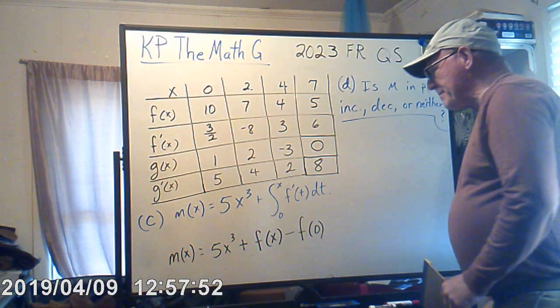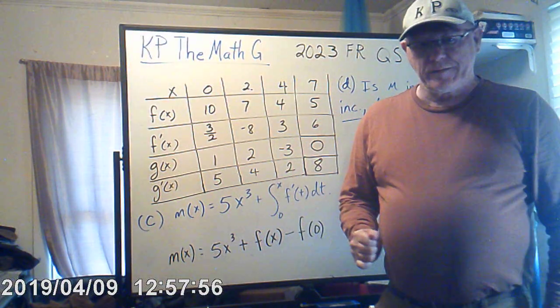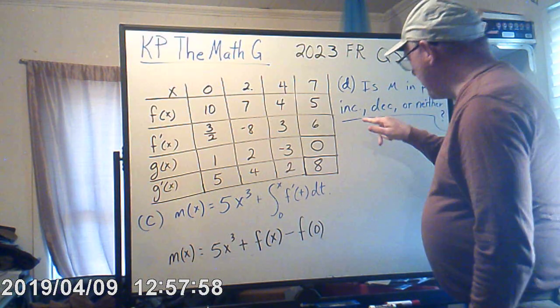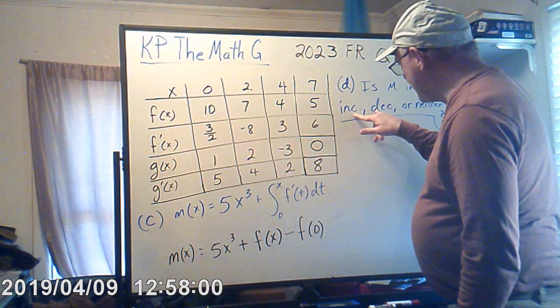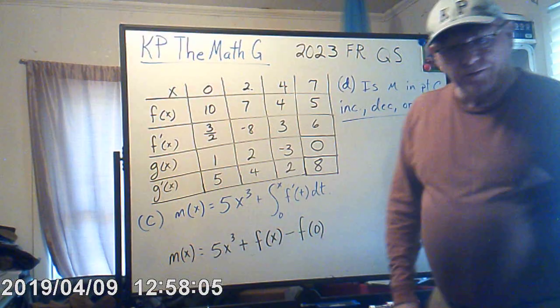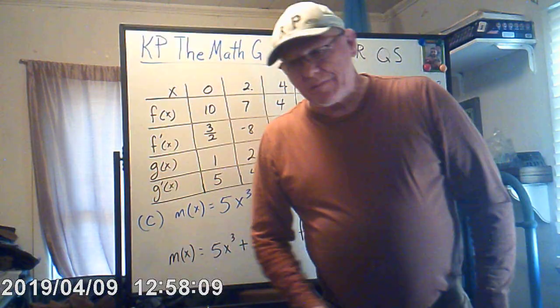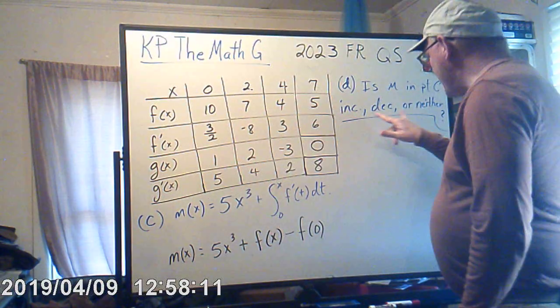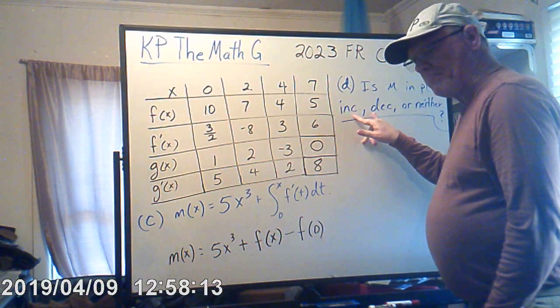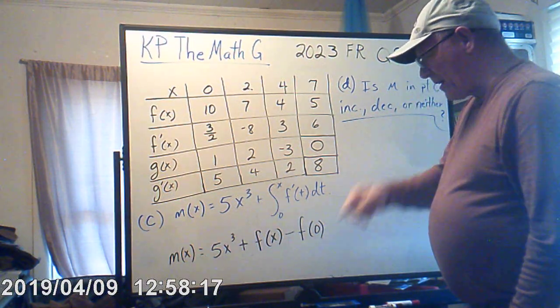Increasing, decreasing. When you see those two words, when they're asking you for this, you're looking for what? What are you looking for? No prime. Always remember, when you see increasing or decreasing in a problem, you are taking the derivative.